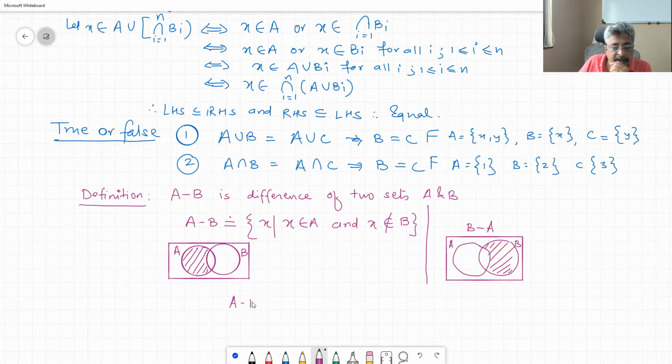A minus B is equal to A intersection B complement. B complement is the rest of B, and A's intersection with it is A minus B. B minus A is equal to B intersection A complement.